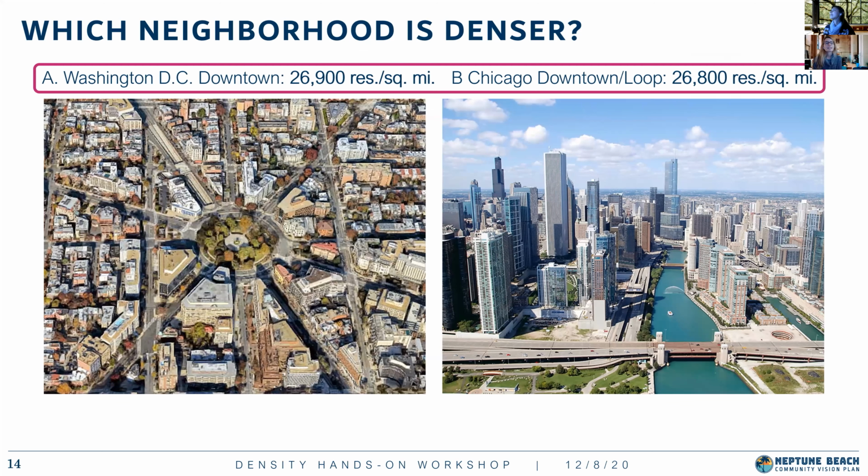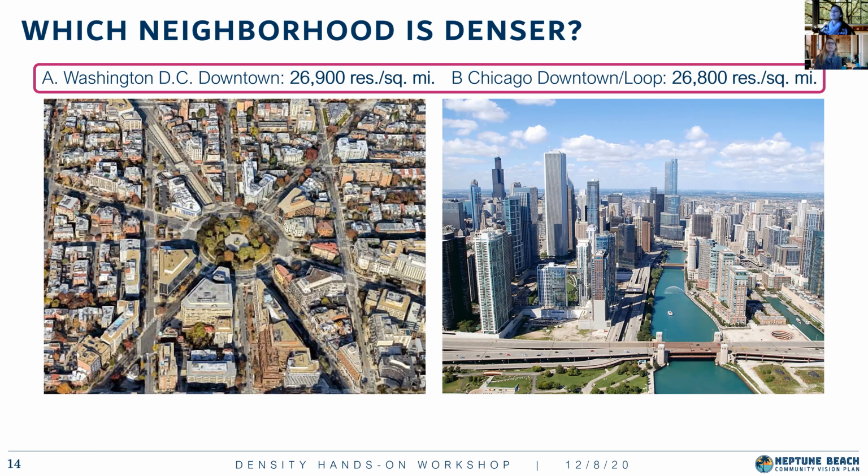And as I think some of you probably have already caught on, one of the reasons is that downtown Chicago, or the downtown loop area, has a very high amount of office space, which would not count toward its population density. It also has really large public spaces and very wide highways and streets running through it in transit, and all of those also factor into the calculation.